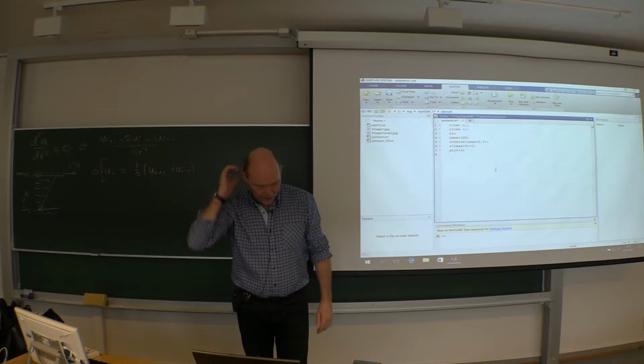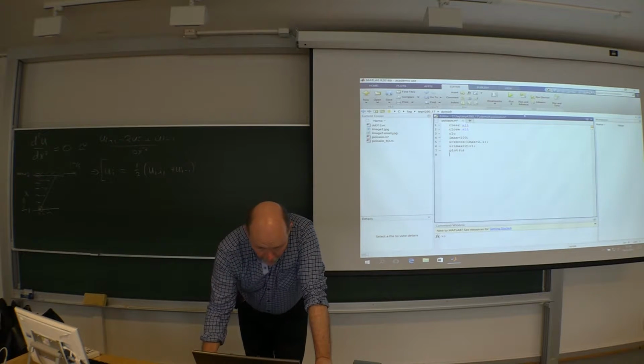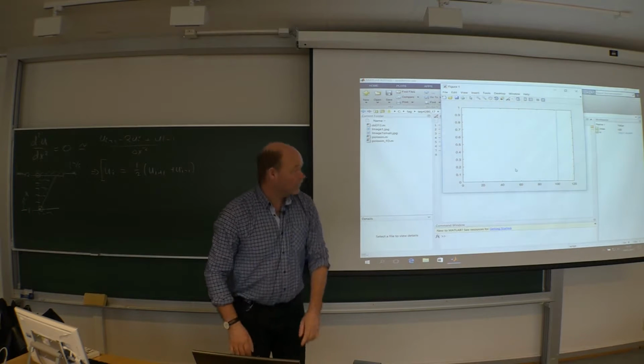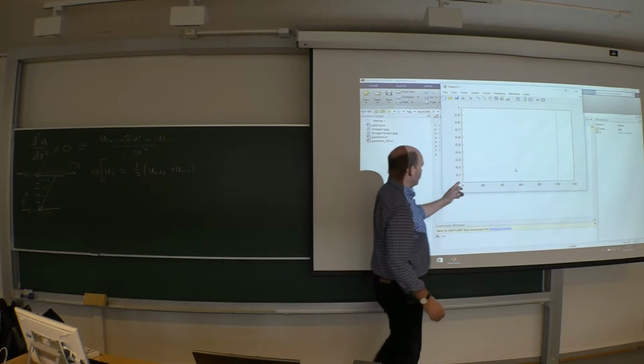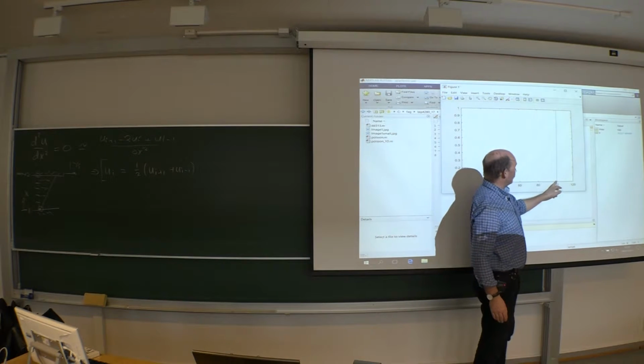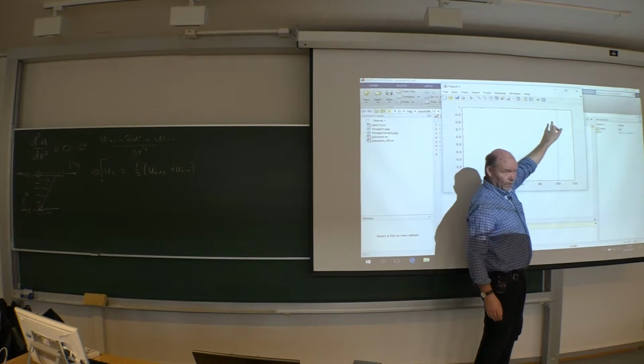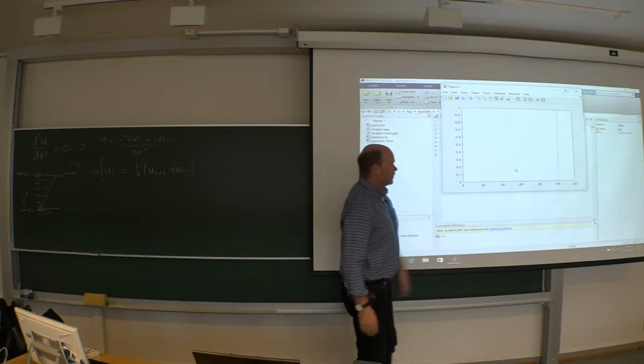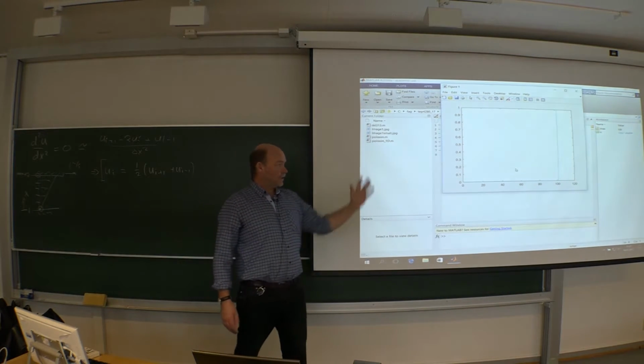That should be our initial field. Let's see if it runs. Yeah, so far so good. You start with everything equal to 0, and the last point, 102. There you have the jump. So this is the initial velocity field. Velocity now going upwards.